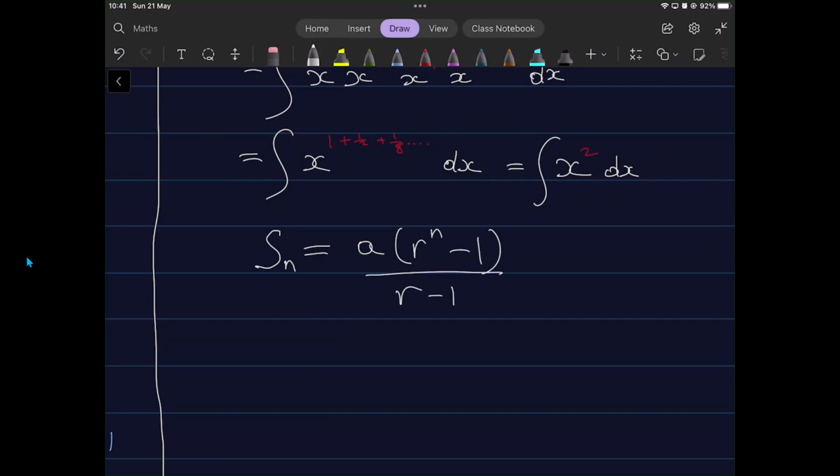And in our case, n is just equal to, well, infinity, or you could, in order to not abuse the notation, apply limits. a is equal to 1 and r is equal to a half, because each term is being multiplied by a half to get to the next term.